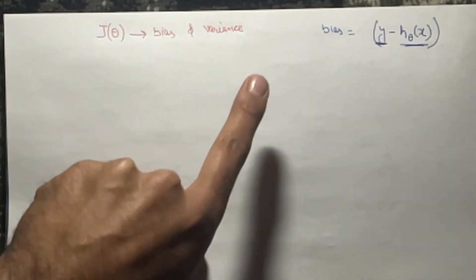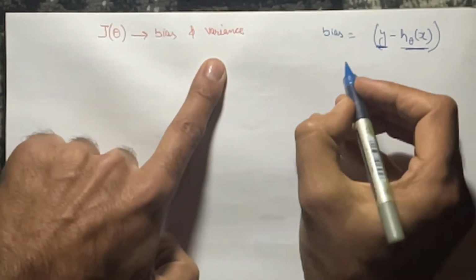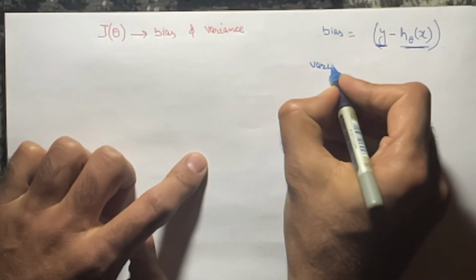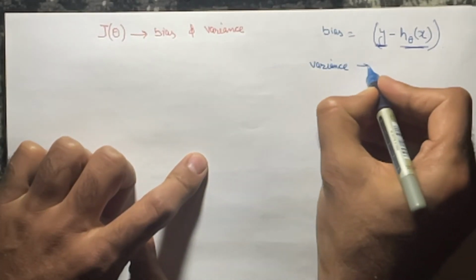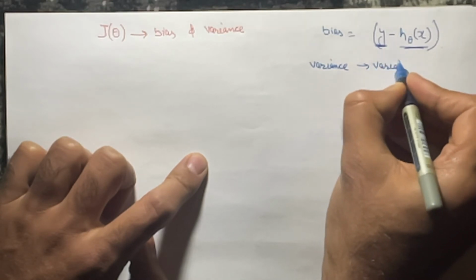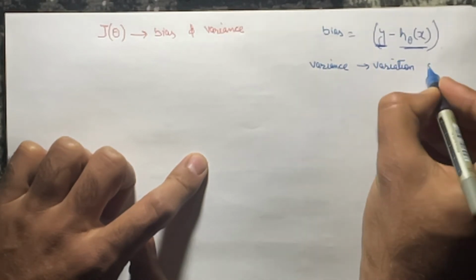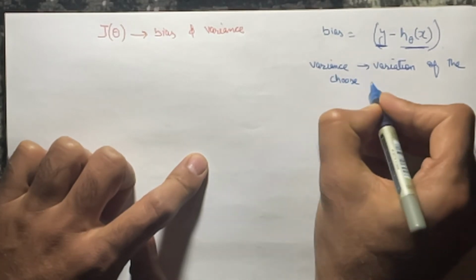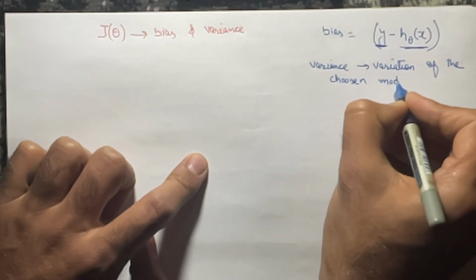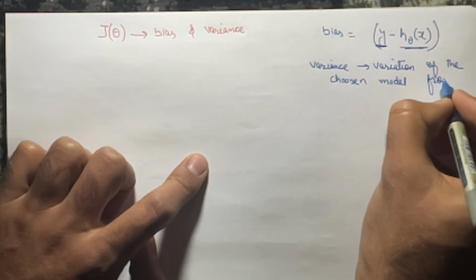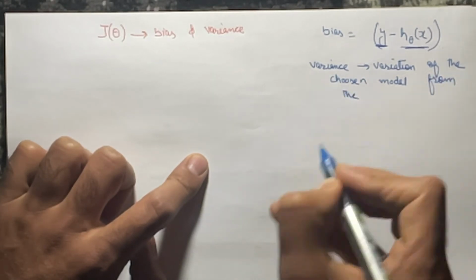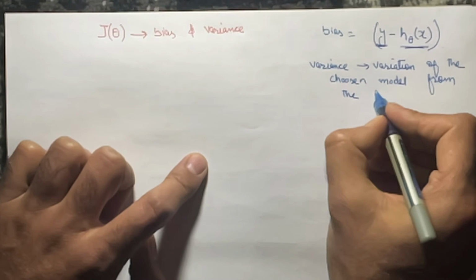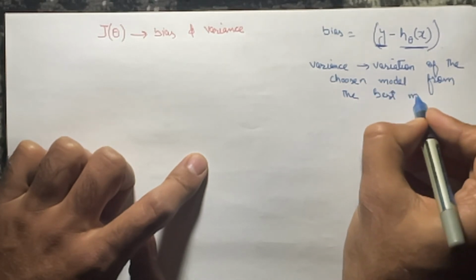Variance is the variation of the chosen model from the best model.